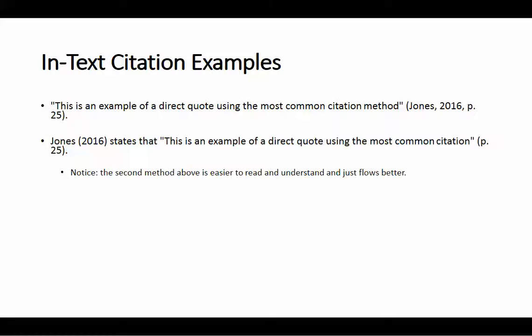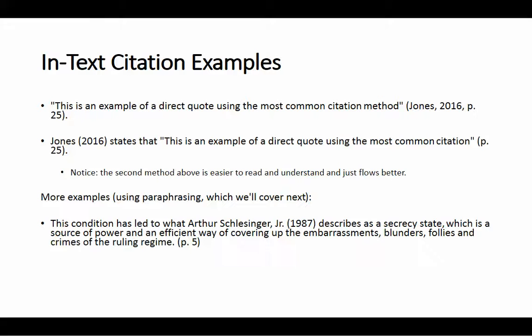Now, notice that that second method is, in addition to giving some context to your reader, just generally easier to read and understand and just flows better. It allows you in your own writing to leverage that source information a little more strongly. Okay? So let's use a couple more examples.